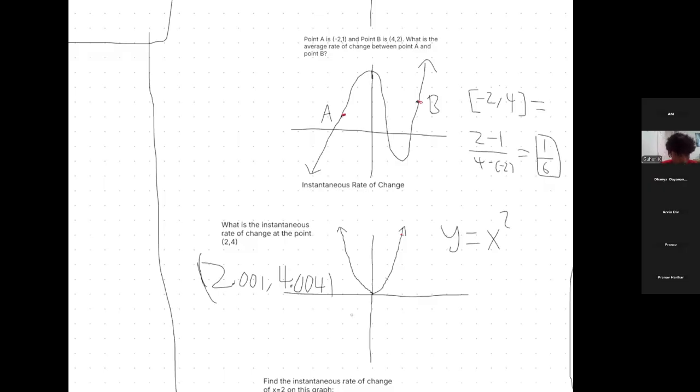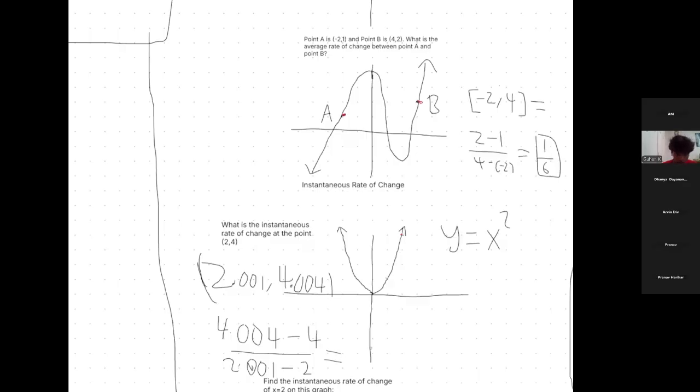So let's look at our y value at our second point, 4.004, minus our y value at our first point, which is just 4, divided by 2.001 minus 2. Hope y'all understand how that worked.